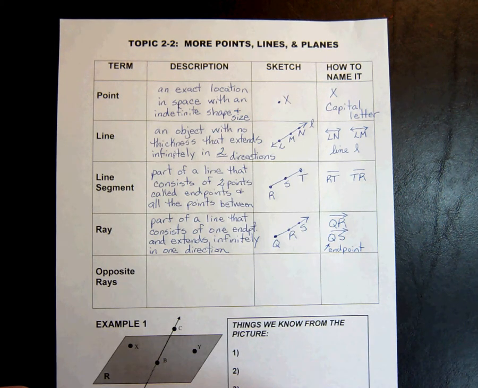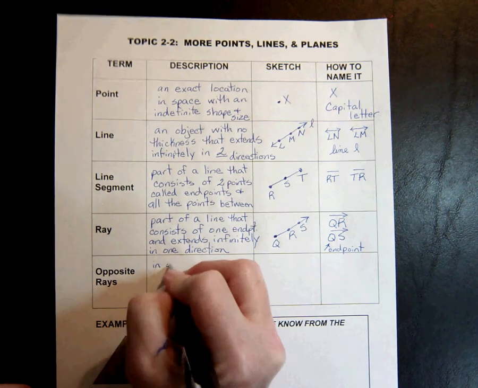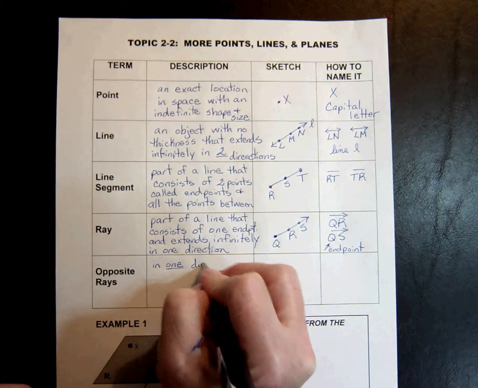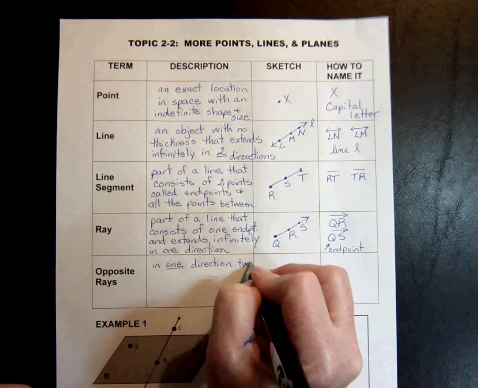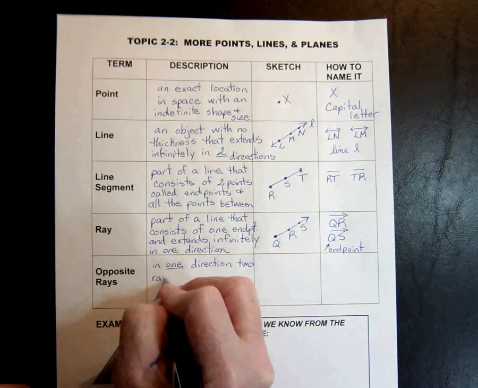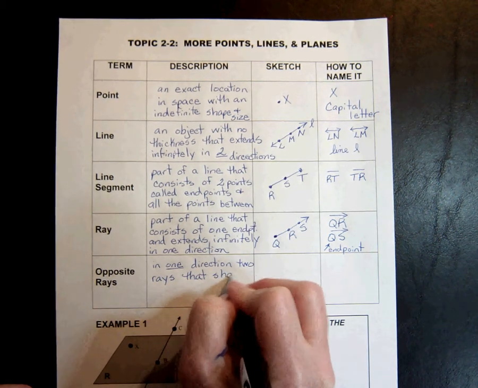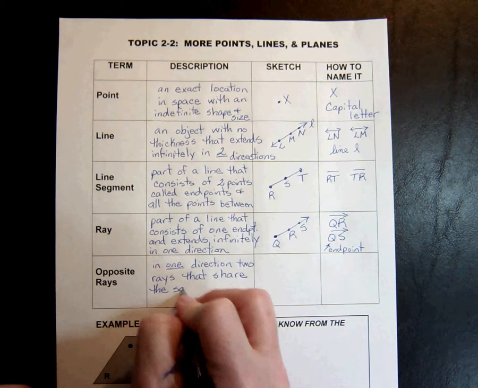Opposite rays: two rays that share the same endpoint but extend infinitely in opposite directions.